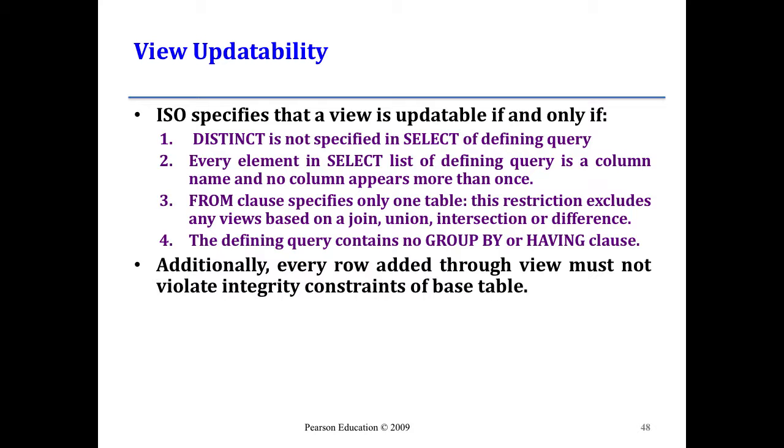Say in the view, select salary divided by 12 as monthly salary. You can't update the salary because the query optimizer doesn't do algebra. It can't reverse salary divided by 12 and realize that you need to multiply what you inserted by 12 to get the salary. Okay, it's not smart like that.